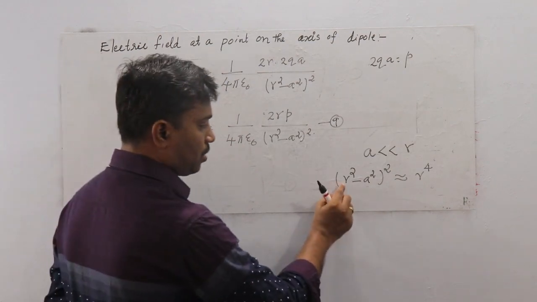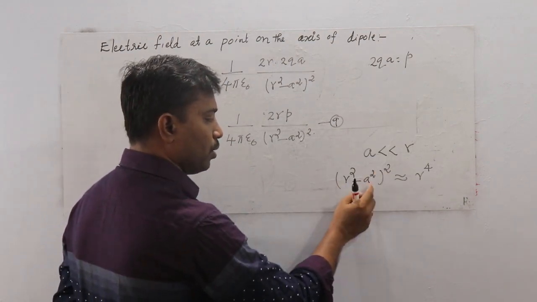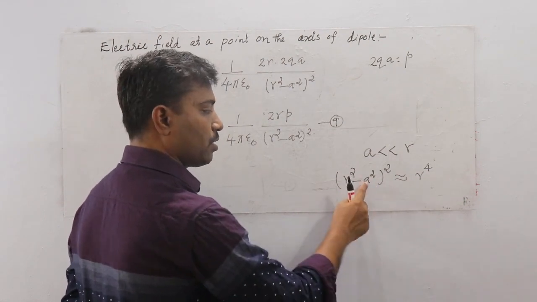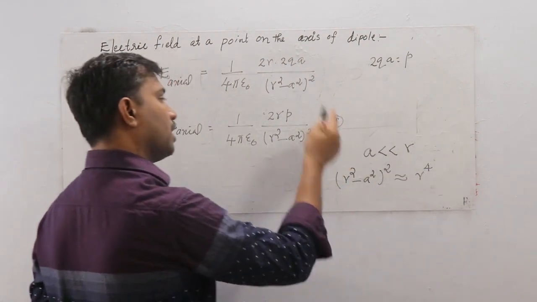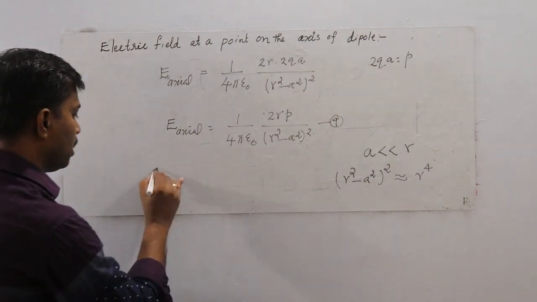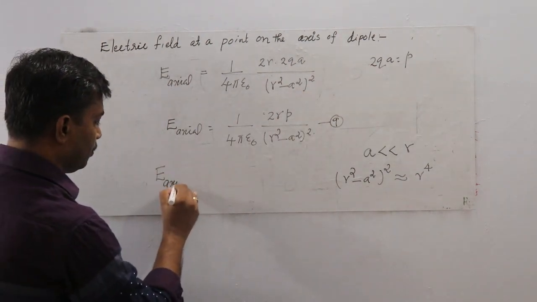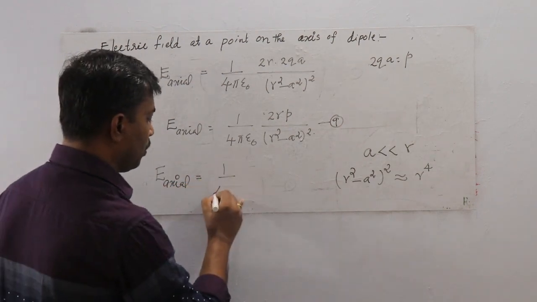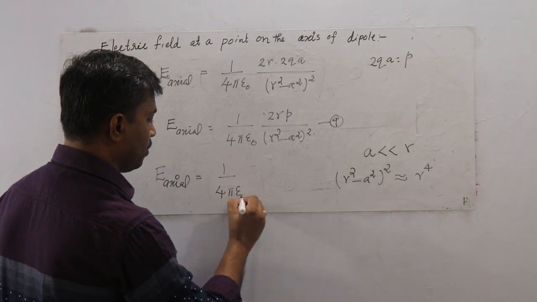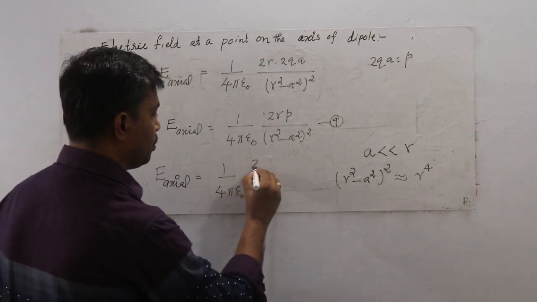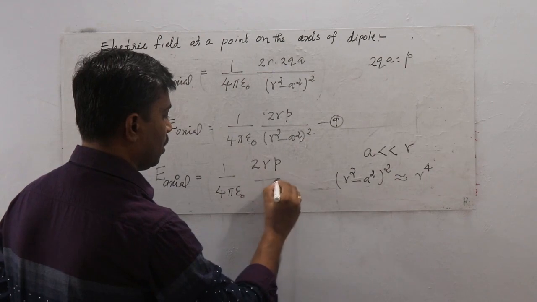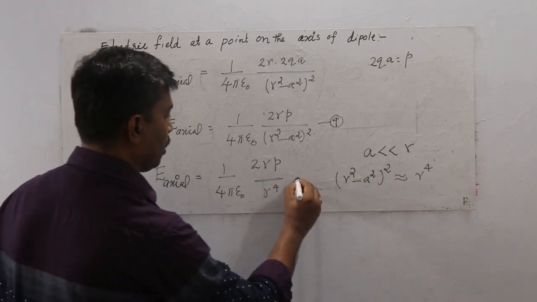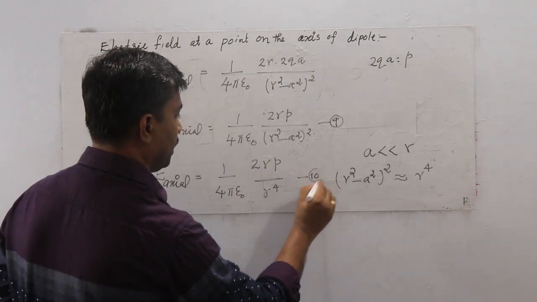So in the denominator (R square minus A square) whole square, A is very small, so A square is very small. So we can neglect the A square, so we get R raised to 4. So equation number 9 changes to E axial is equal to 1 by 4 pi epsilon 0, 2Rp by R raised to 4, that is equation number 10.